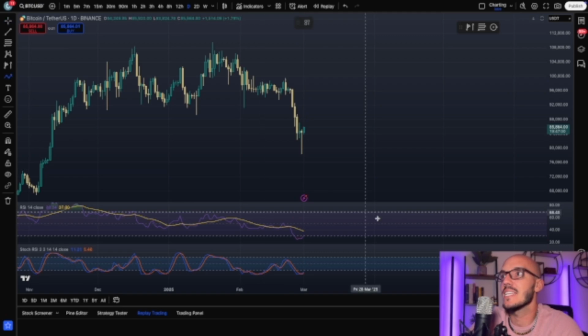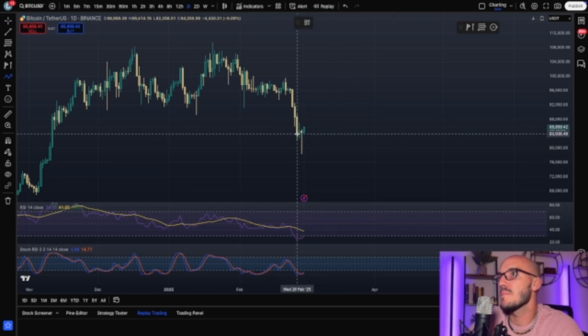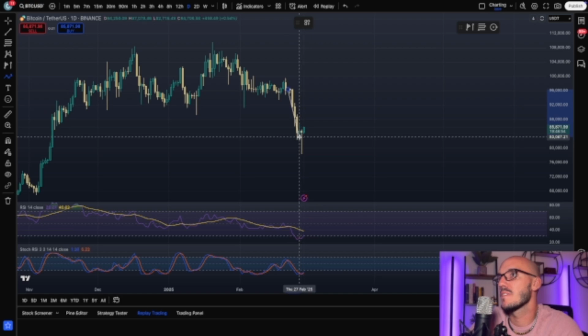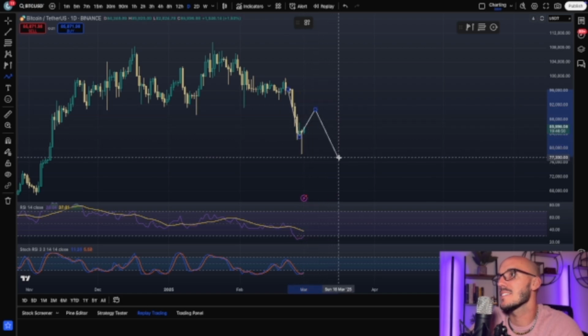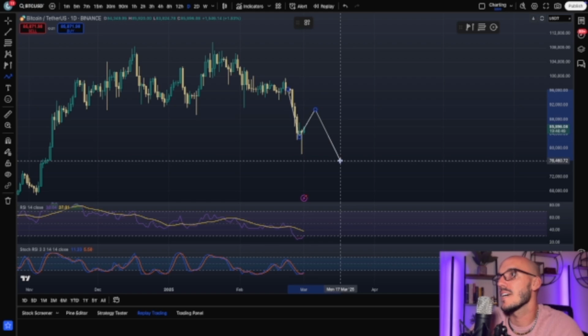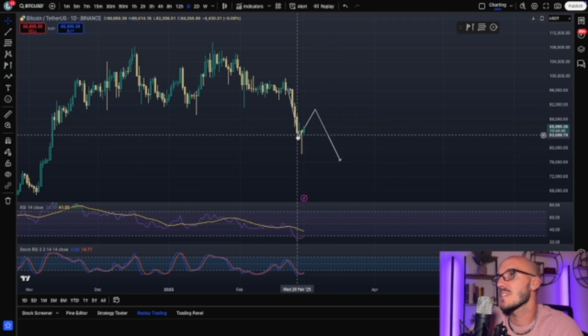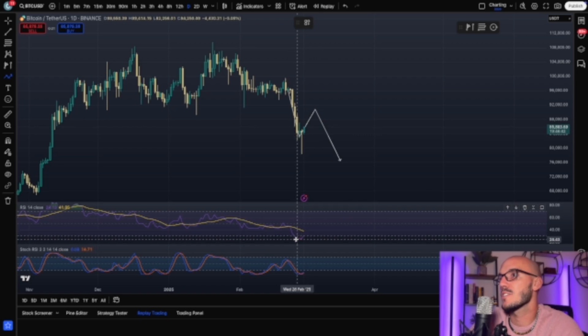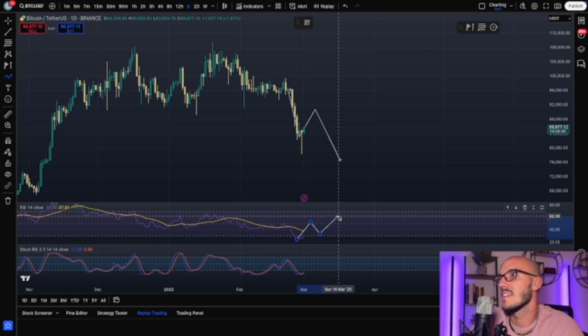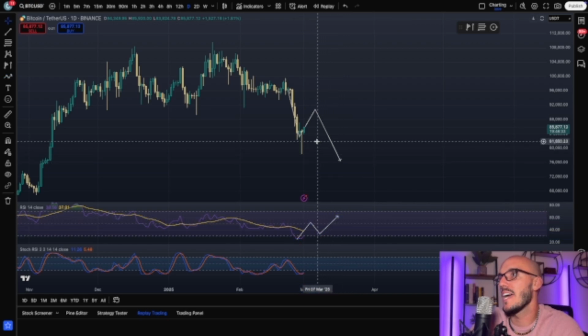Maybe price does something like this, like it came down, and you form a slight lower low like that, right? But the RSI does something like this. It goes up, comes down, and then does something like that. That's a possibility, and then you would have your bullish divergence.